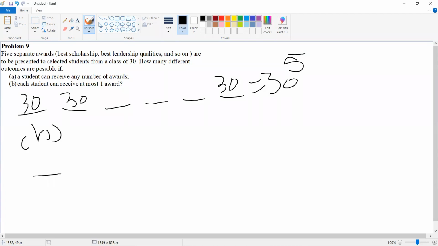Now the second question is saying that if one student, for example, is a valedictorian of a university, he can only get one award. He can only be best scholarship, best leadership, or best grades.